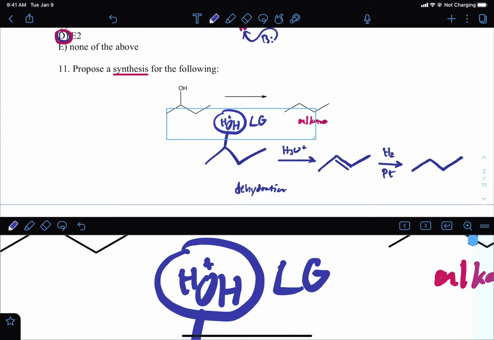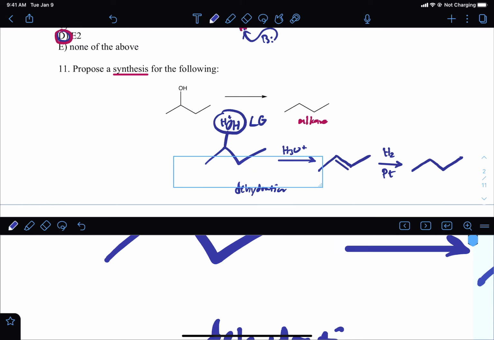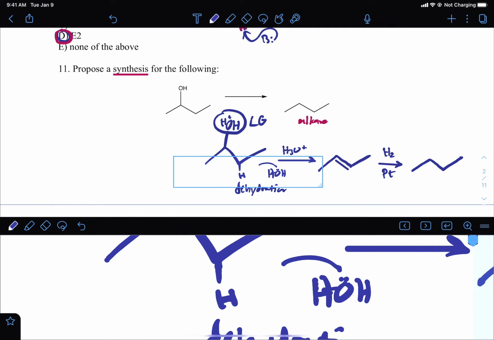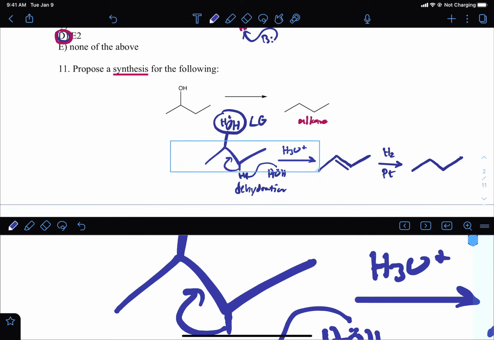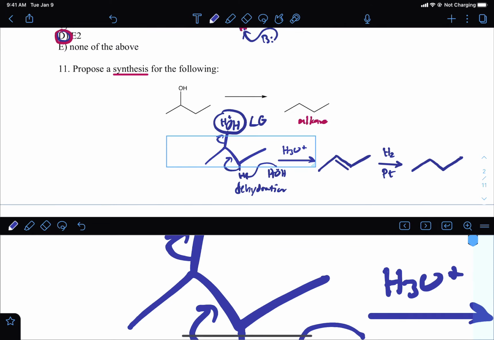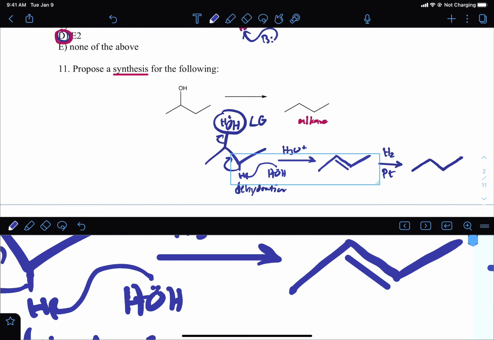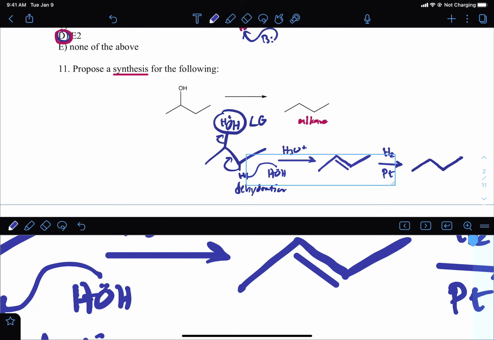Something, probably another water molecule, grabs the adjacent H, the electrons fall in, and push off the leaving group. Since water is leaving, you need heat. You need heat to drive off that water.